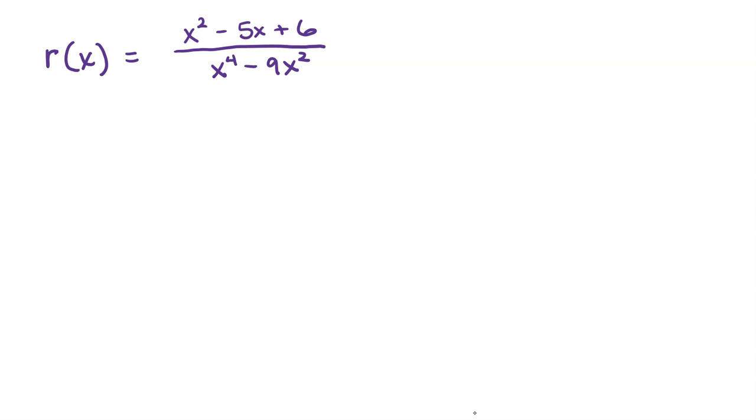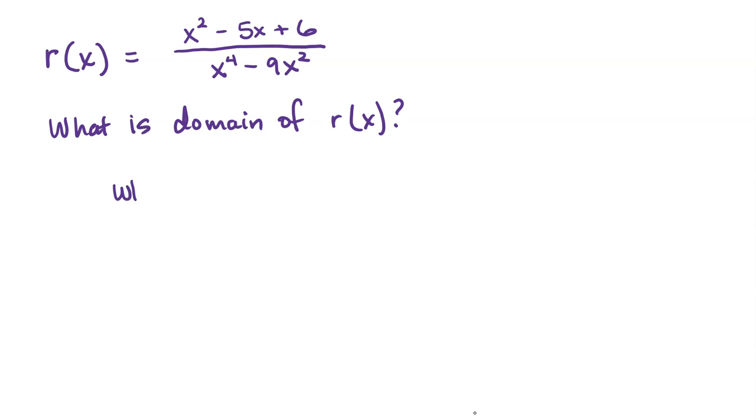So the first thing we want to do is think about what is the domain of r of x. In a rational function, the domain is wherever the denominator is not 0. So we want to see where x to the fourth minus 9x squared is equal to 0. And we can figure that out by factoring. x squared comes out.